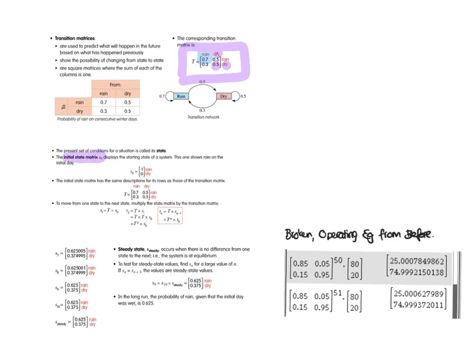They might say it rained on the first day. If it rained on the first day, the chance of rain is 100%, which is why they've put a 1 there and a 0 there. You might not actually be given that. You might have to know that if they're saying it rained on the first day, well, you 100% know it was rain, so just put a 1 and there's 0 chance of dry.